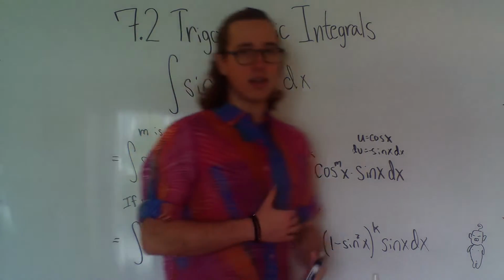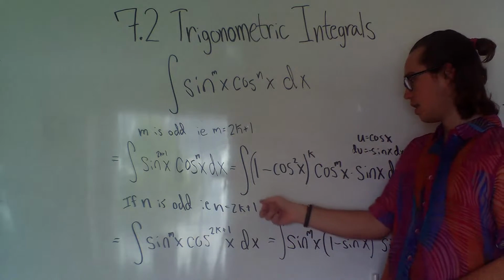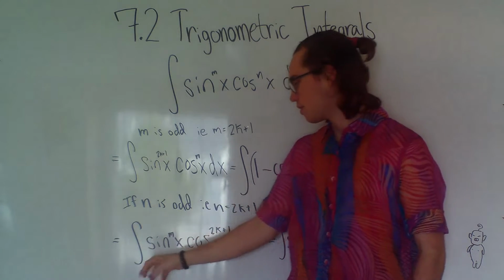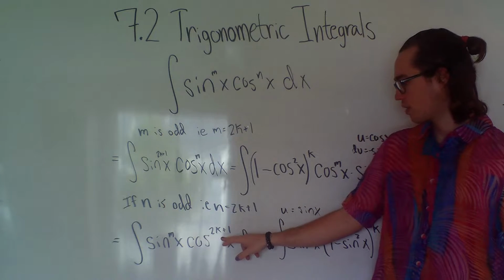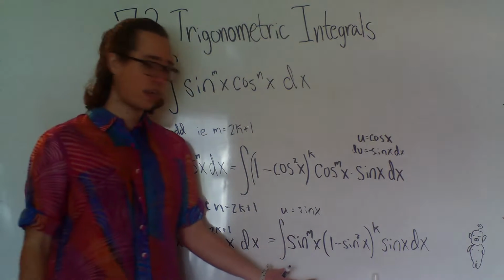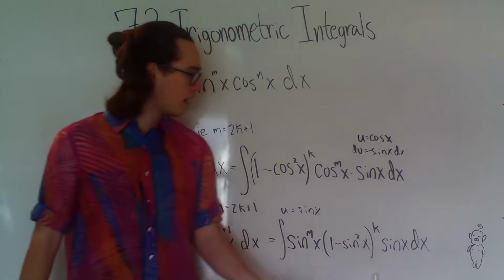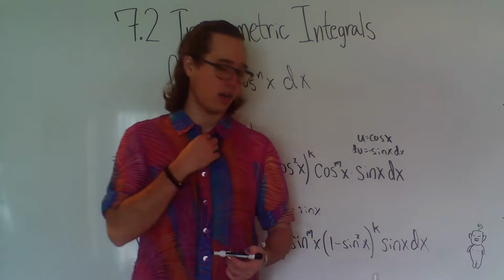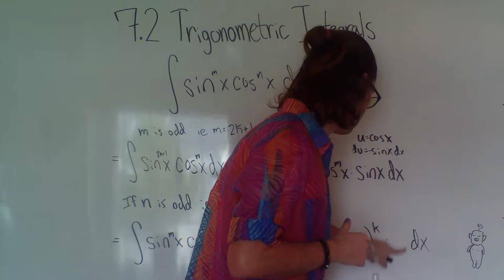Same sort of deal now, if n is odd, i.e. the power over cosine is equal to 2k plus 1, where k is in Z, we can rewrite this as the integral of sine to the mx times cosine to the 2k plus 1 x dx, and we can rewrite that as the integral of sine to the mx times 1 minus sine squared x to the k power, and then we bring a cosine x out.